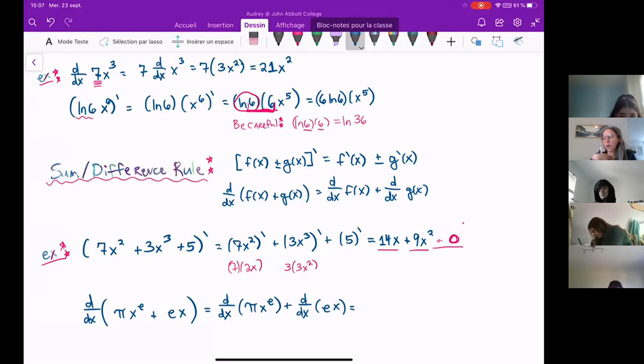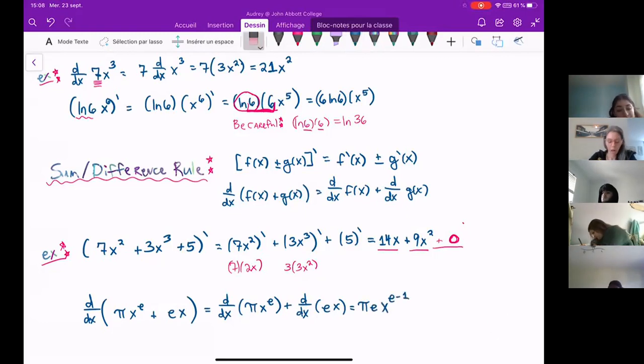You guys can say it in words or tell me in the chat. What will my final answer be for this one? Yeah, so first I'm going to bring that e down. So I'll have pi e x to the e minus 1. So that's going to be the first part.